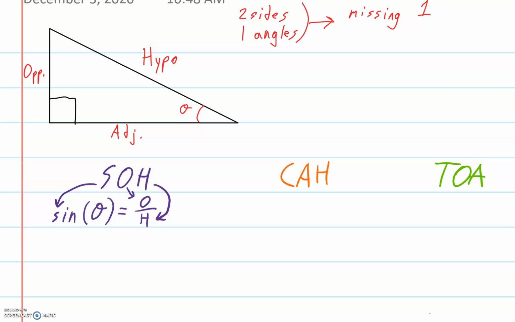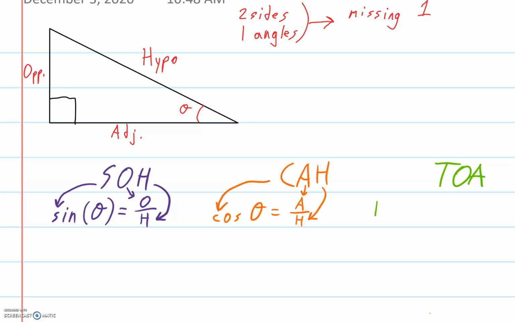And the same format fits for each one of these. Cos of the angle equals adjacent over hypotenuse. So C for cos, A for adjacent, H for hypotenuse. It's following the same rule every single time.